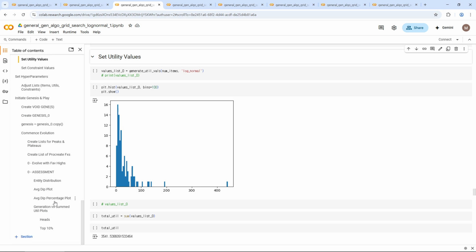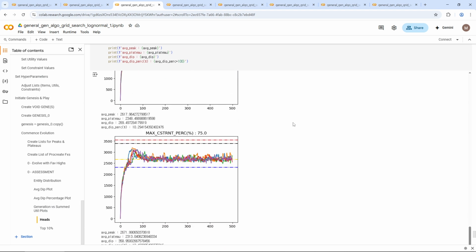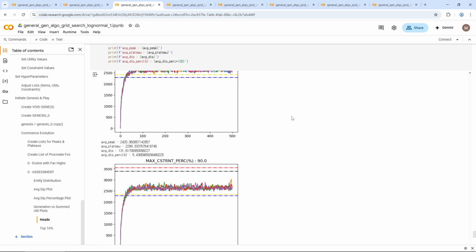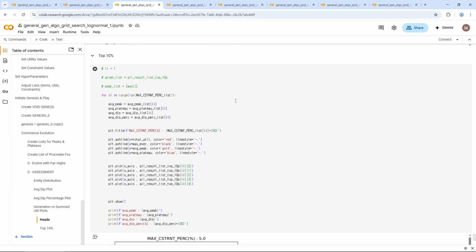Okay, but what was I looking at here? So higher maximum constraint percentage, less innovation, as usual, as we've seen multiple times by now. For the top 10%.